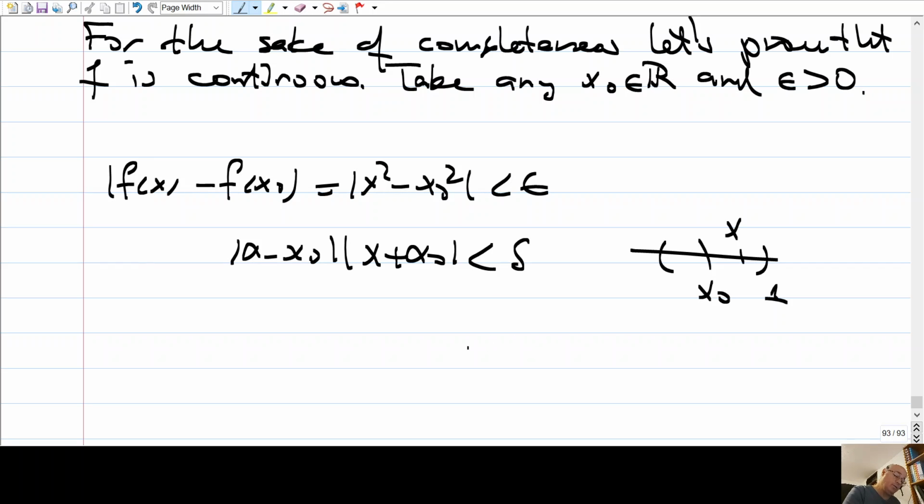So |x plus x0| will be less than, right? So this will be: |x| is at most |x0| plus 1.